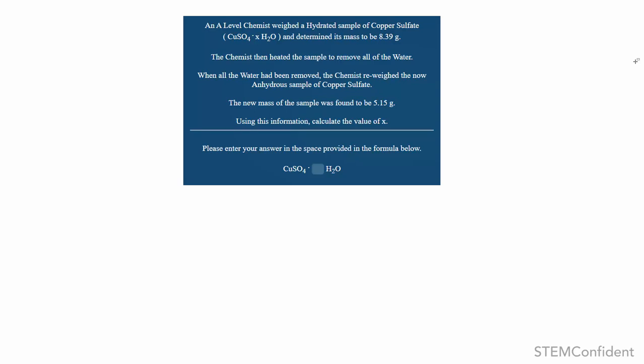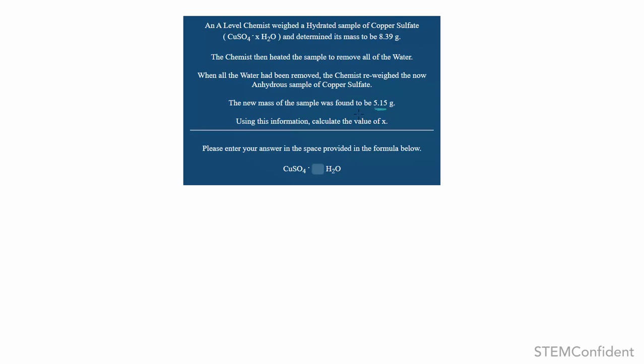So in this particular case, what do we need to actually do? Well, the anhydrous mass we've been given is 5.15 grams, right? And the real question we're trying to answer here is, for every 1 mole of copper sulfate, how many moles of H2O are we going to get in the hydrated sample?